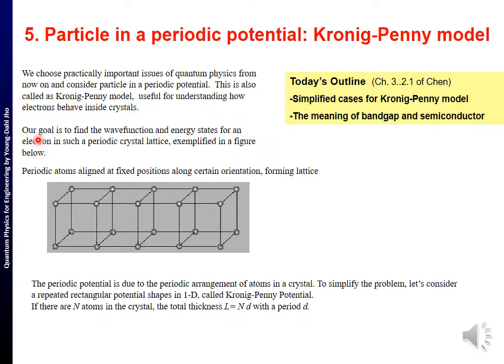Our goal is to find the wave function and energy state for an electron in such a periodic crystal lattice, exemplified in the figure below. Here we see periodic atoms aligned at fixed positions along a certain orientation, forming a lattice.